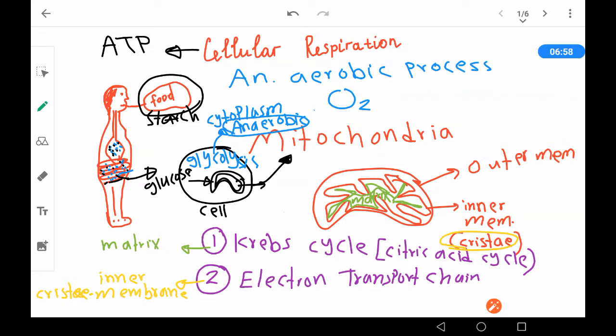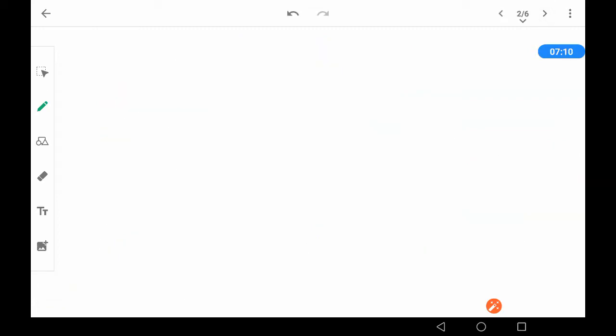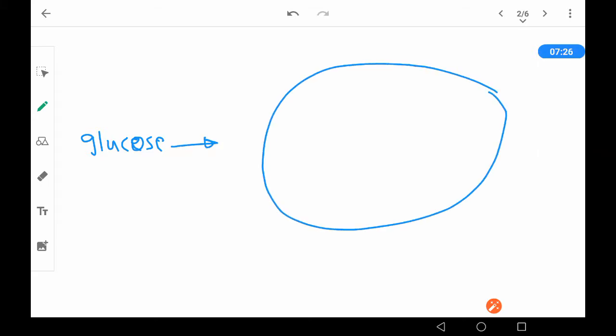It means it doesn't require oxygen. So simply, guys, the glucose molecule that we have after digestion will enter into the cell. This is our cell.